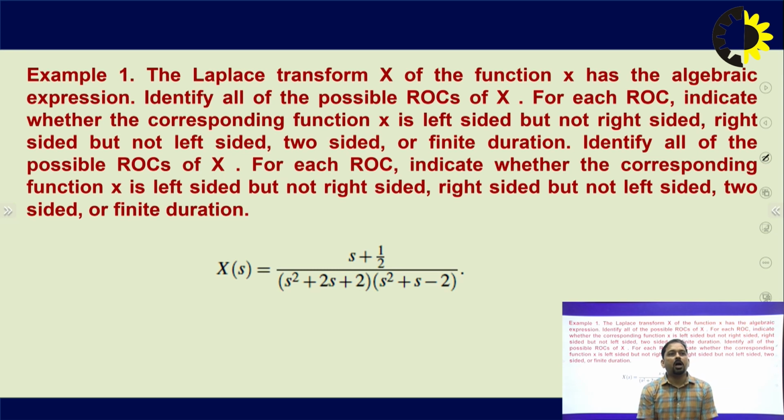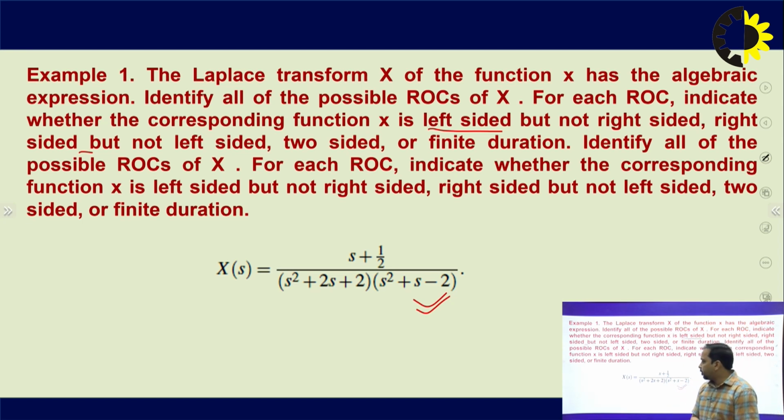Identify all the possible ROCs of X, meaning we want to define what all possible combinations of ROCs are possible, and for each ROC indicate whether the corresponding signal x is left sided but not right sided, right sided but not left sided, both sided, or of finite duration. So for all possible cases of ROC we have to indicate whether the function is left sided, right sided, both sided or of finite duration.